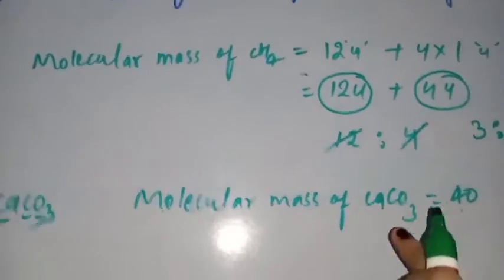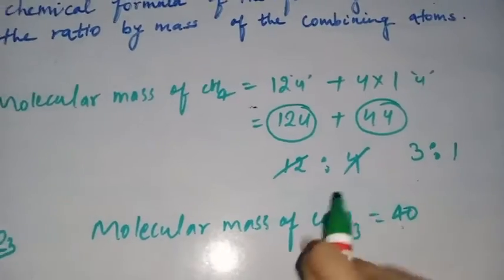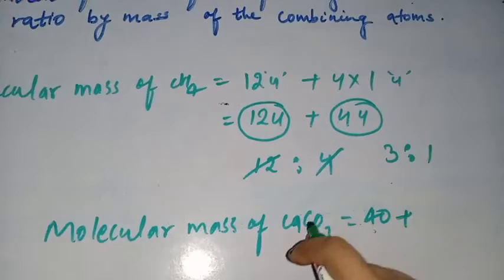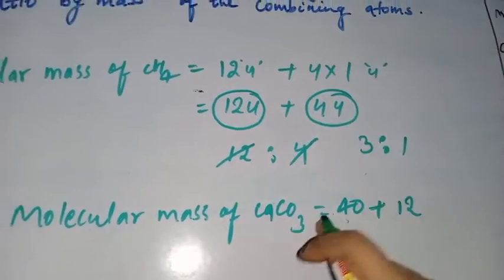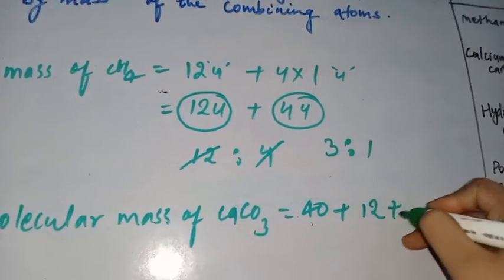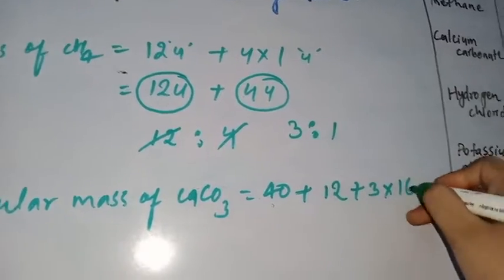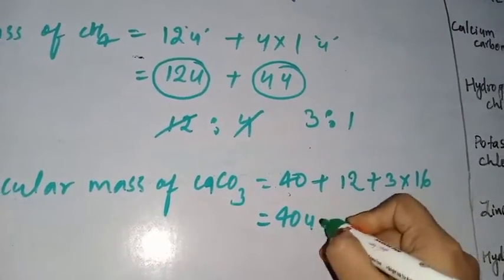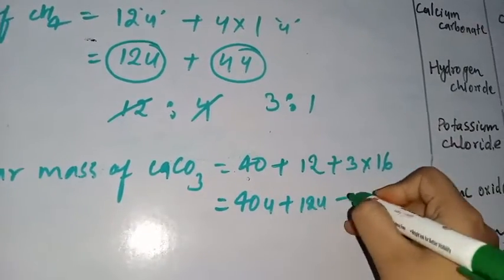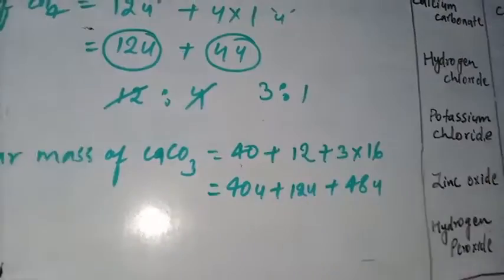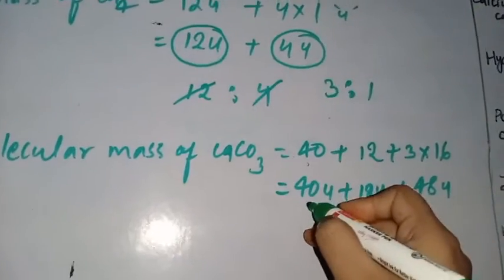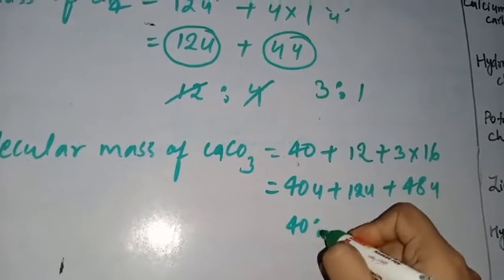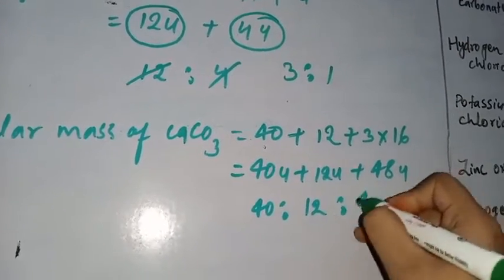The atomic mass of calcium is 40, plus atomic mass of carbon is 12, plus 3 into atomic mass of oxygen, which is 16. So we get 40 u plus 12 u plus 48 u. So the ratio is 40 is to 12 is to 48.